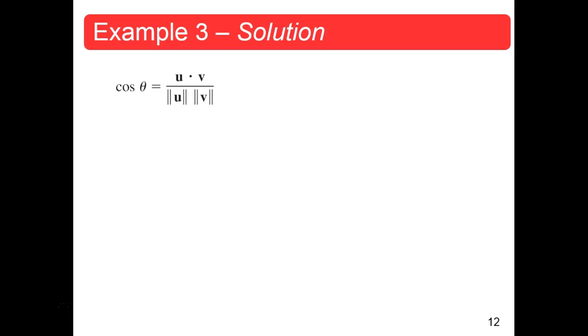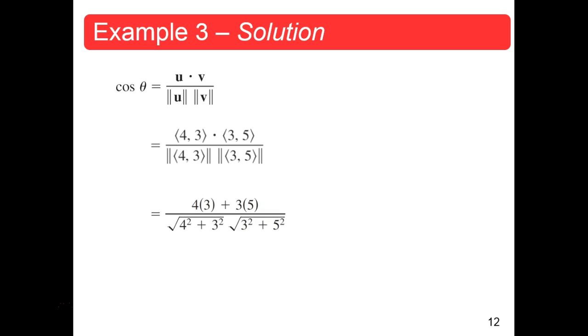Cosine theta is the dot product divided by the product of their magnitudes, which is 4, 3 dotted with 3, 5, just like we did, divided by the magnitude of 4, 3 times the magnitude of 3, 5. And that would be 4 times 3. Now, don't get them crossed up.